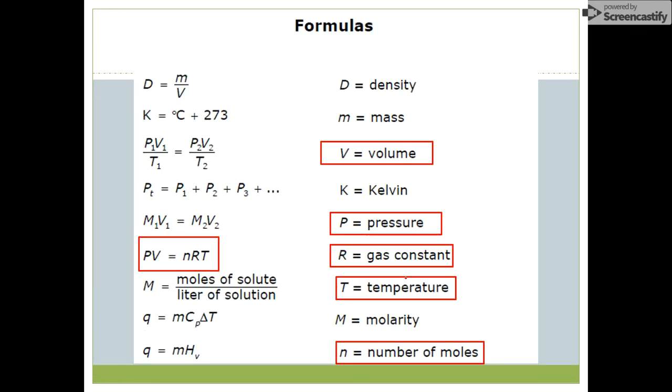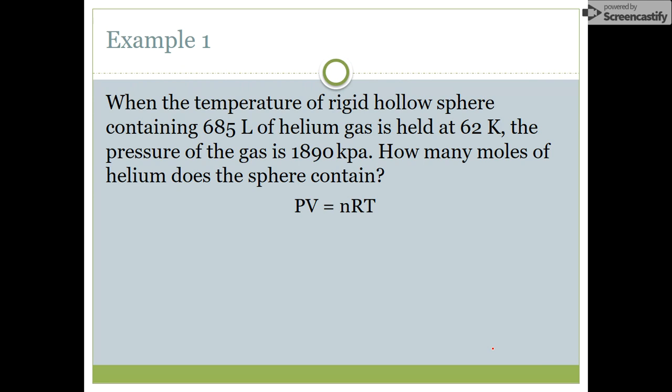So this equation is already on your reference table. You can find it here, PV equals nRT, and you can find the definitions of the abbreviations on the right-hand side. So let's take a moment to read this first problem. We have 685 liters. Well, that's volume. 62 K is temperature, and it's already in Kelvin, which is a good thing.